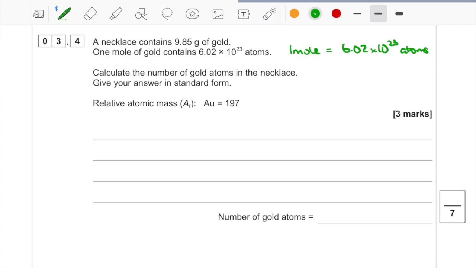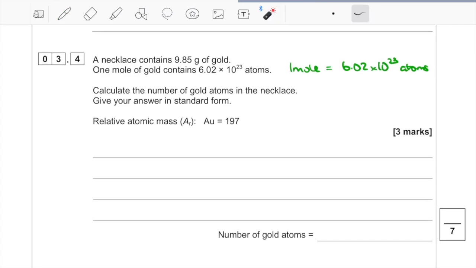Okay, they have given us a mass, the mass of gold, and they have given us an AR, but it's an MR, right? It is AR because it's a relative atomic mass, not a relative molecular mass. But in terms of our calculations, if we know a mass and an AR, we can work out moles.